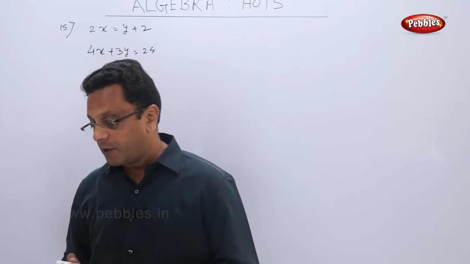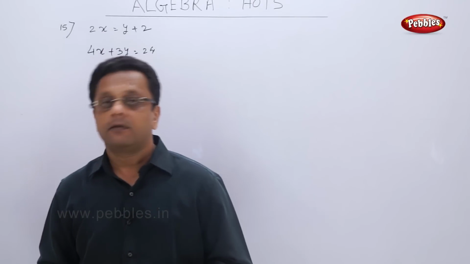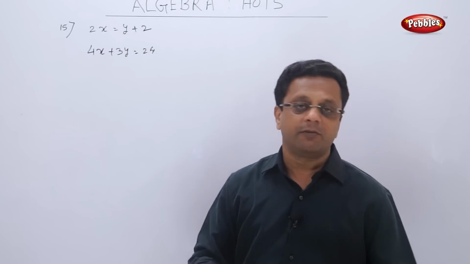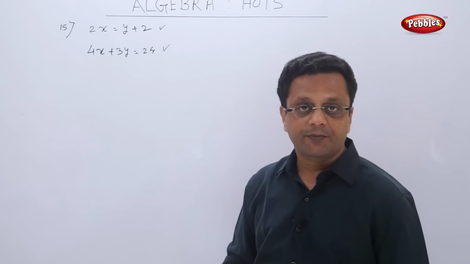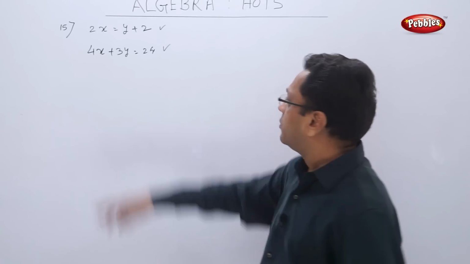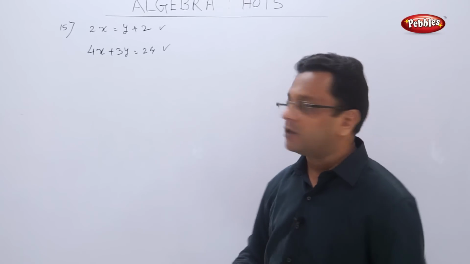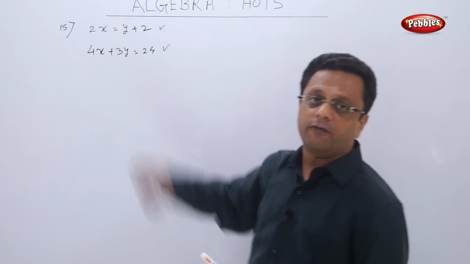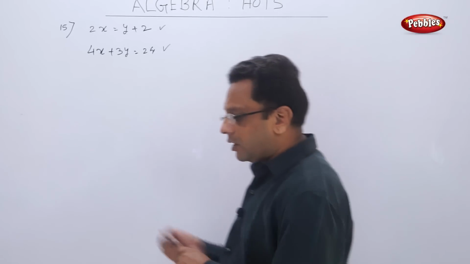On the same graph paper, find the area of the triangle formed by these lines and the x-axis. Extremely simple. You know how to draw these two lines. Consider any values. First make a chart for these two separately. Consider any values for x, find the value of y, and hence you can draw the graph of the two lines.